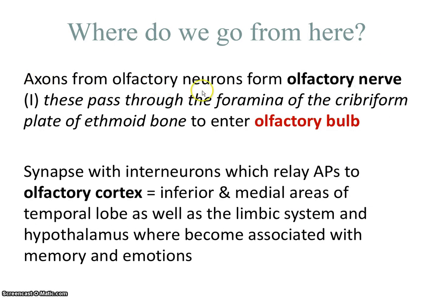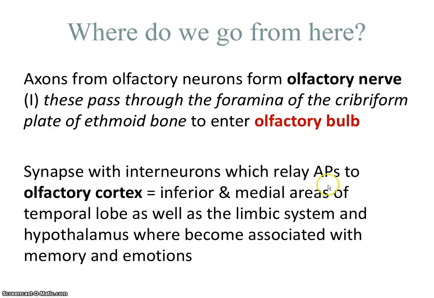Axons from the olfactory neurons form the olfactory nerve, which is cranial nerve 1, and they pass through the cribriform plate of the ethmoid bone. You don't have to know that word. They enter the olfactory bulb and synapse with interneurons, which take these to the olfactory cortex, because remember, olfaction is one that doesn't actually pass through the thalamus.